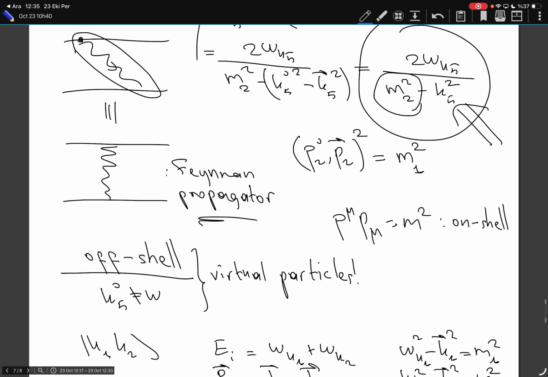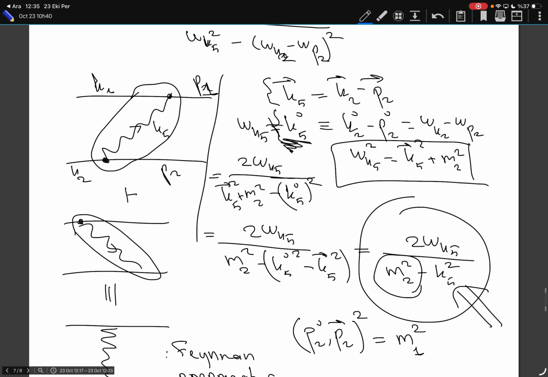What do you mean by conservation? If you want to use this terminology for momentum, the zero component is energy. You are inventing this to make sure that you have some energy-momentum conservation. If you identify k5 0 with the energy of the particle, that's one way of looking at this. The particle has energy k5 0 because I'm imposing energy-momentum conservation at each vertex.